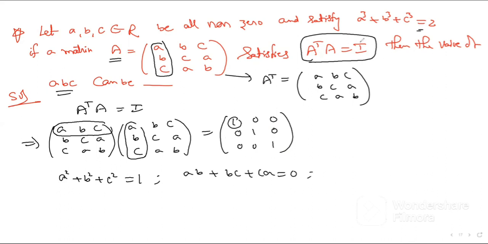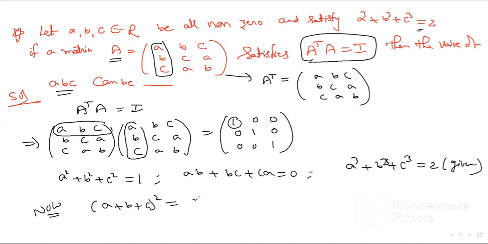What is required here? One more condition is also given: A cube plus B cube plus C cube is equal to 2. We have one formula: A plus B plus C whole square is equal to A square plus B square plus C square plus 2 times AB plus BC plus CA.